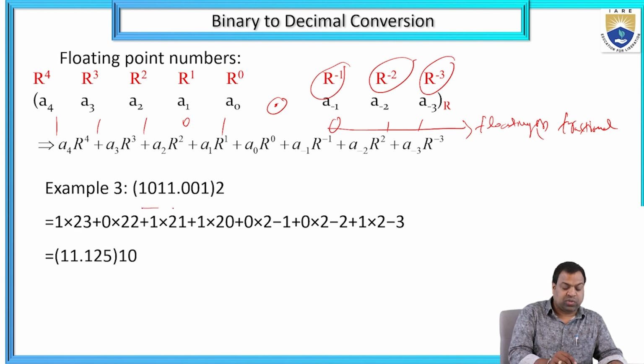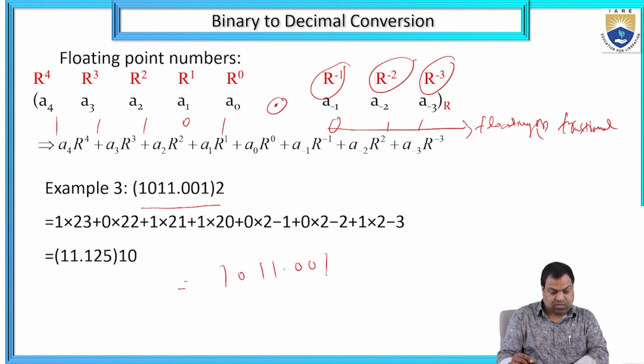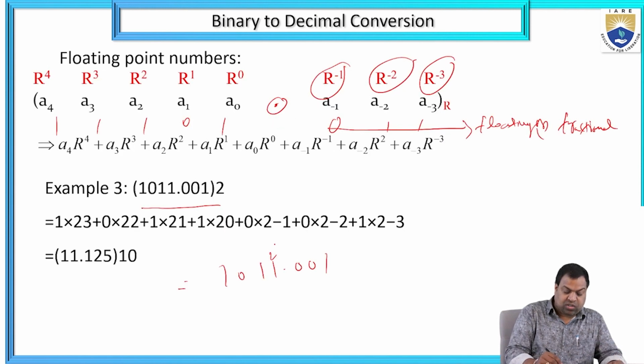This one we can understand easily from an example: 1011.001 base 2. Here 2 power 0, 2 power 1, 2 square, 2 cube, and here 2 power minus 1, 2 power minus 2, 2 power minus 3.